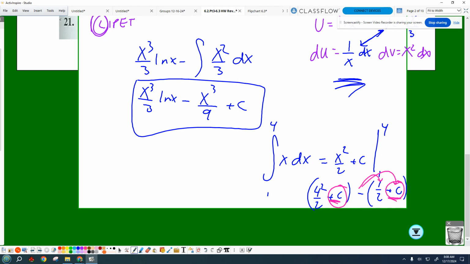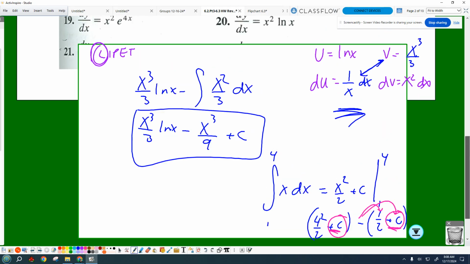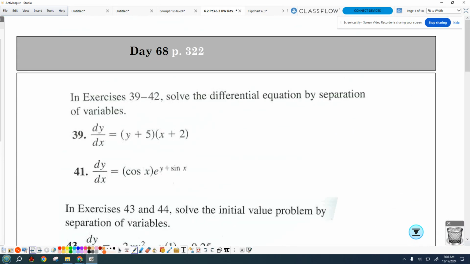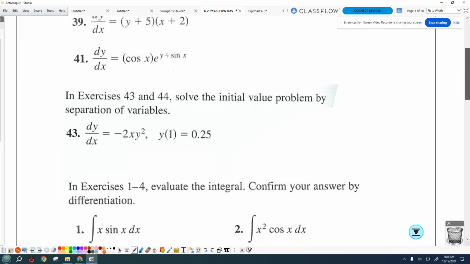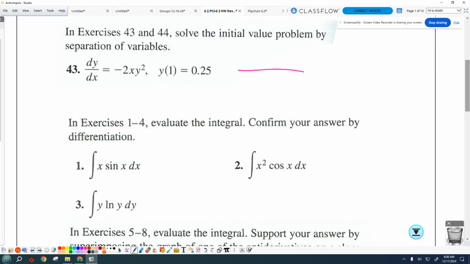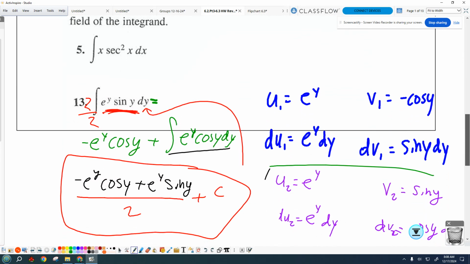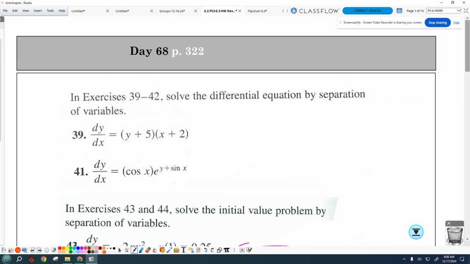Okay. But if you have to find C, when you have to find C, those are initial value problems. You integrated, and then, when x is 1, y is 0.25. Find the C value. There aren't a lot of those in the homework from the textbook either.